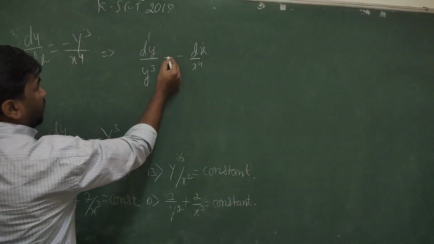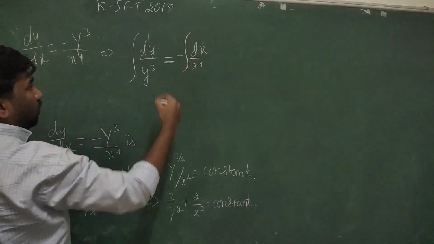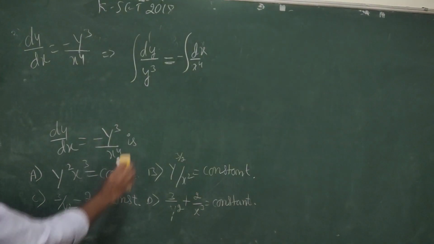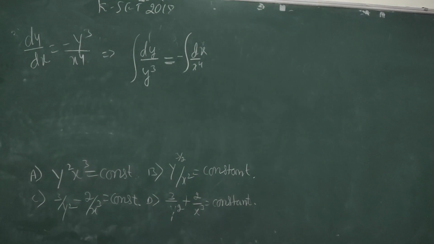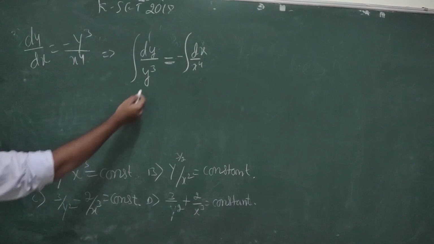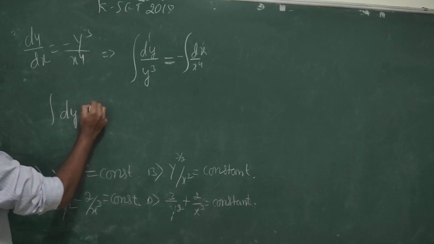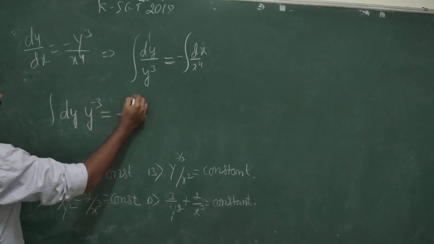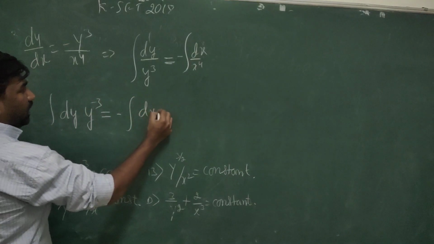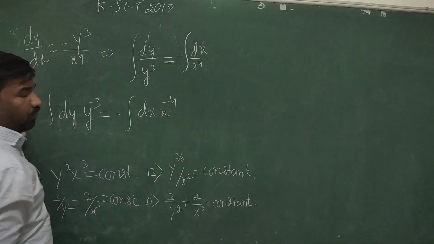Okay, let us take integration on both sides. Next, the integration of this one, we can write as integral of dy into y power minus 3 is equal to minus integral of dx into x power minus 4.